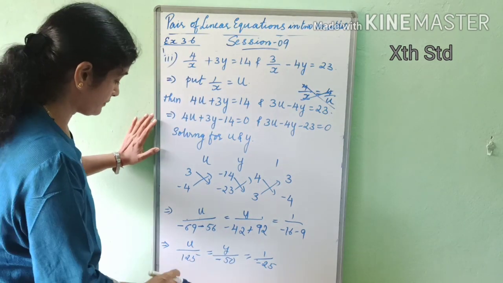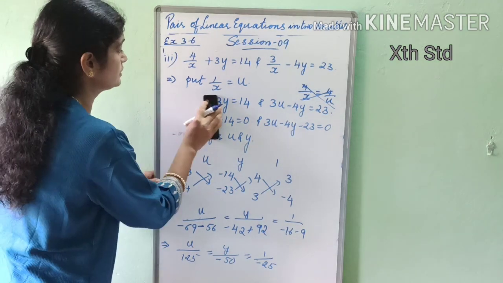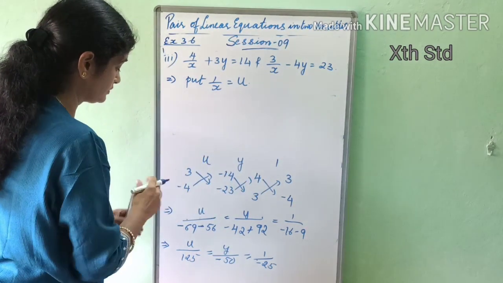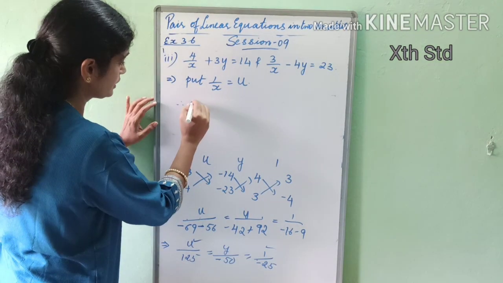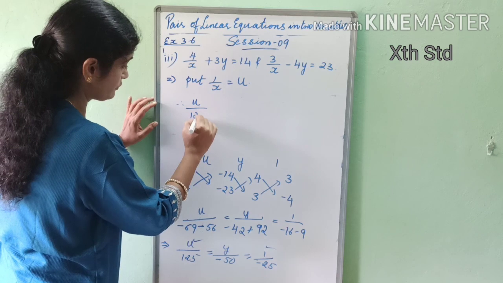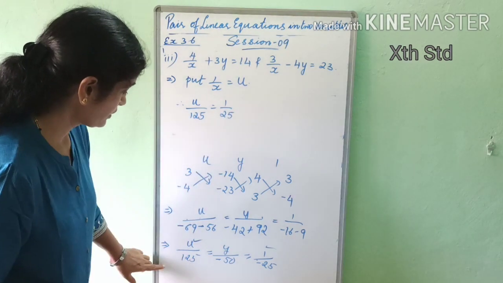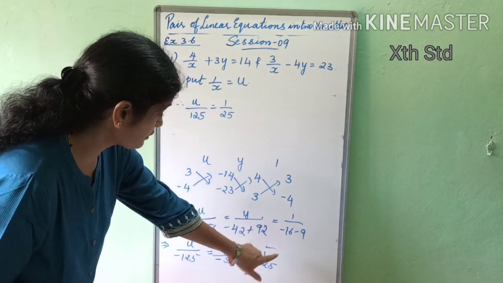Then we will take up this and this one. Therefore u by 125 is equal to 1 by, this is minus, okay, right? This is minus 125 and here also it is.